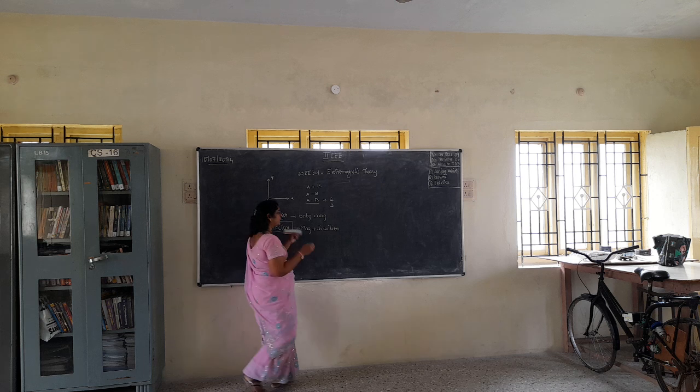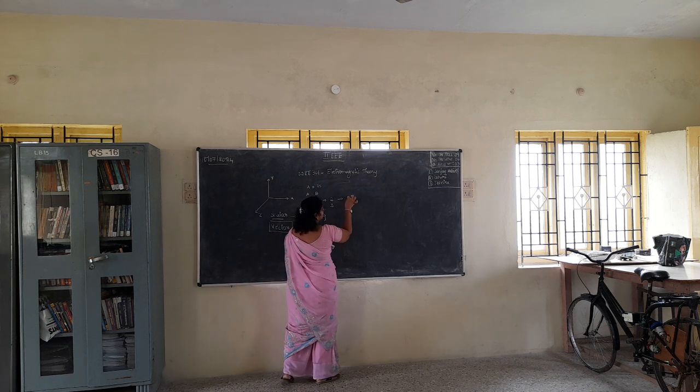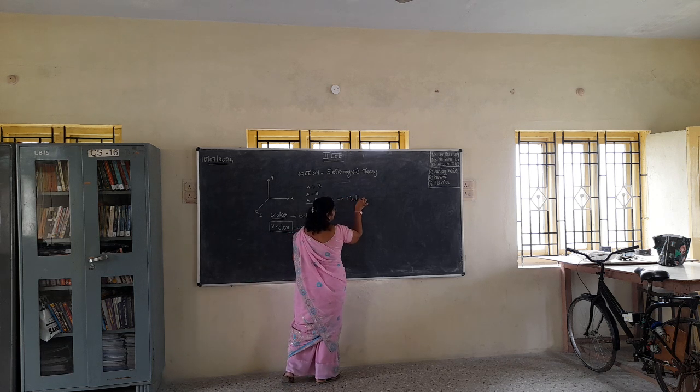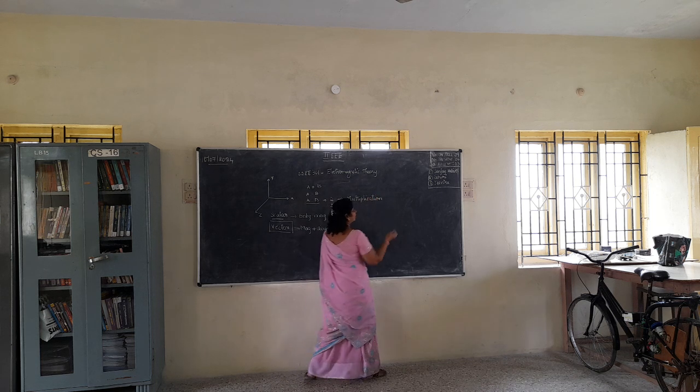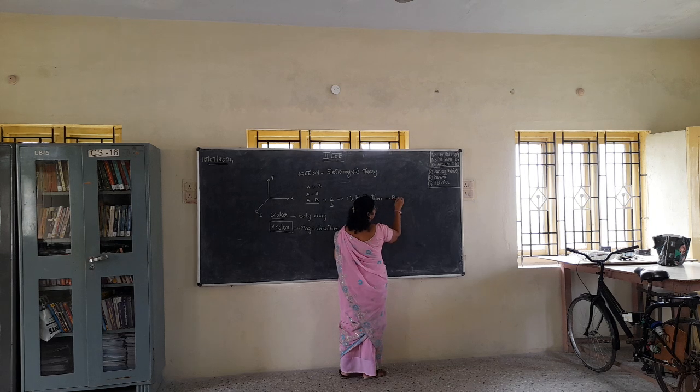Here in vector multiplication, it will be classified into dot product and cross product.